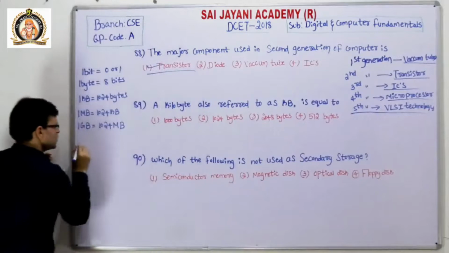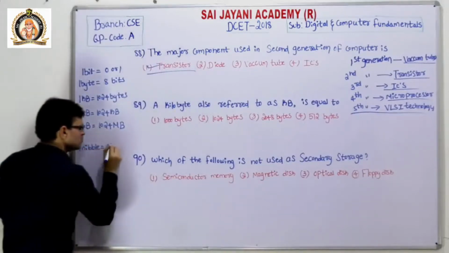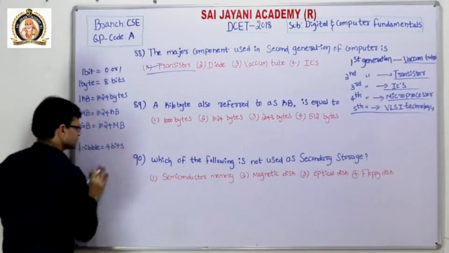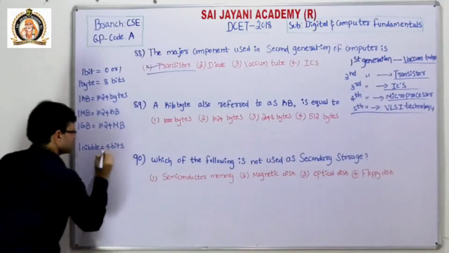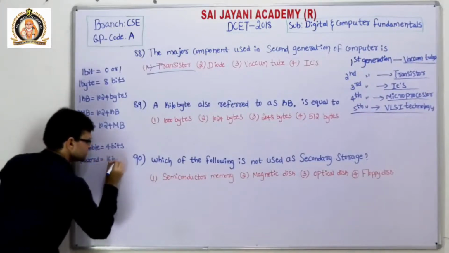Similarly, 1 nibble is equal to 4 bits. 1 word is equal to 16 bits.